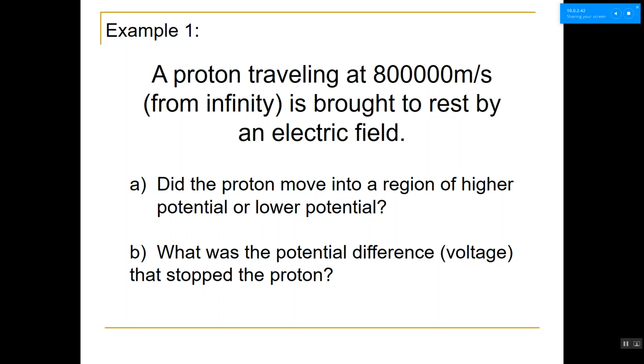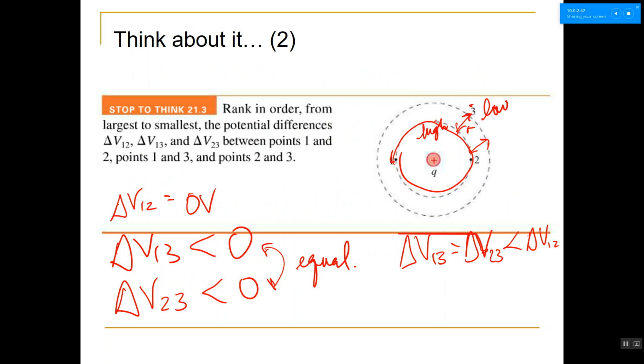The test charge? Yeah, it's positive. It would be the opposite. Oh, no, no, no, sorry. You're talking about the voltage, the order of the voltage? No, the order of the voltage is always the same. Okay?